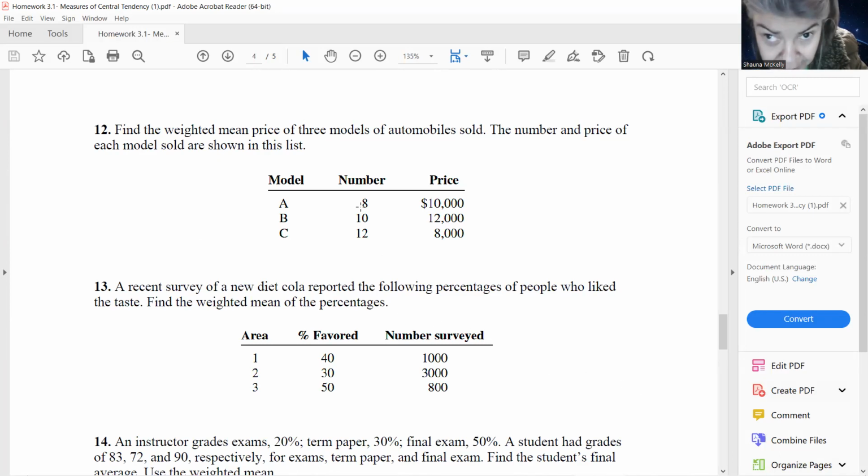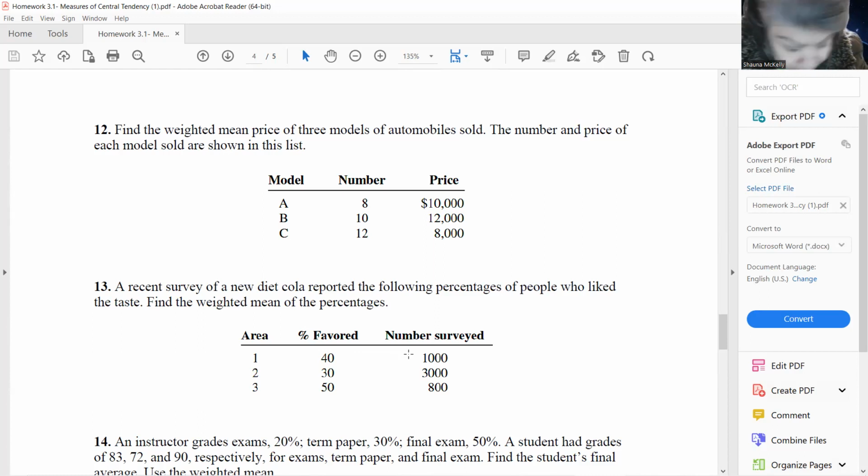Find the weighted mean of the percentages, okay? So these percentages are going to be my X, all right? Which means that the number surveyed is going to be my weight.